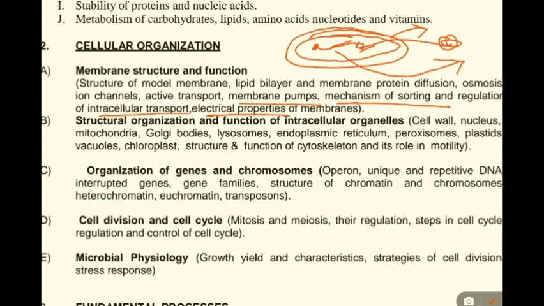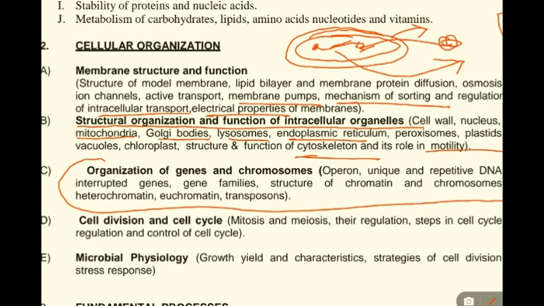Next about the structural organization and the functions of intracellular organelles, like what I said, what a cell has. A plant cell has a cell wall, nucleus, mitochondria, Golgi bodies, lysosomes, endoplasmic reticulum, cytoskeleton, all these we will be learning. Next, this thing forms the basis of molecular biology.